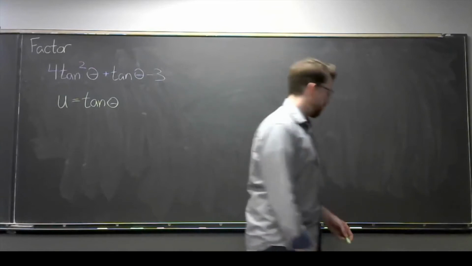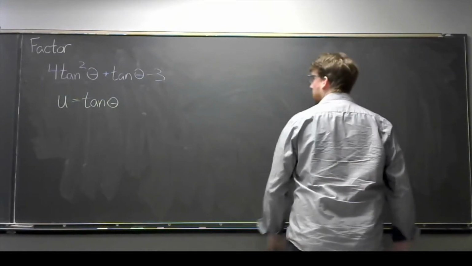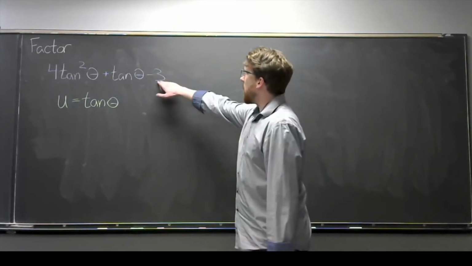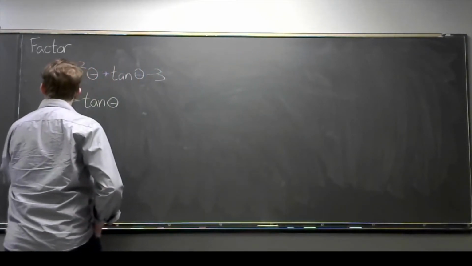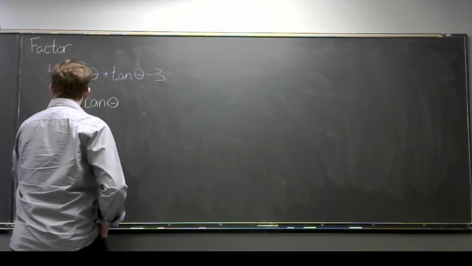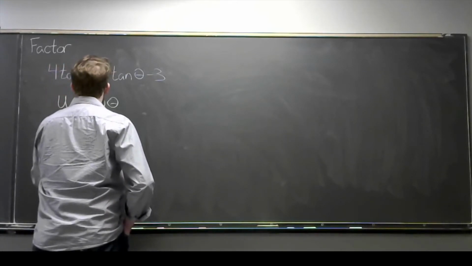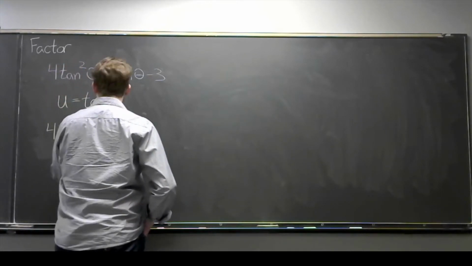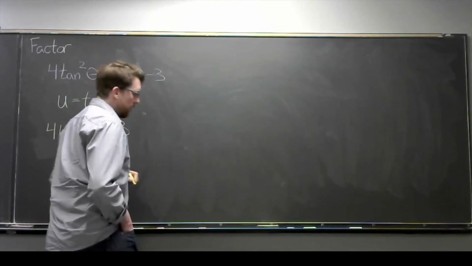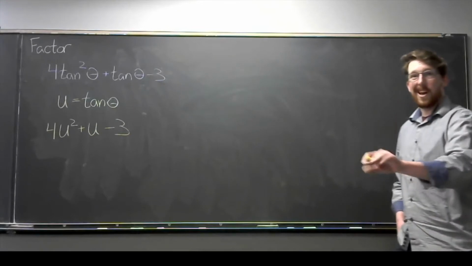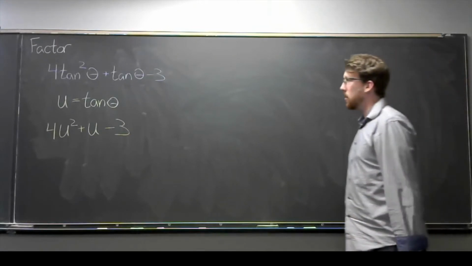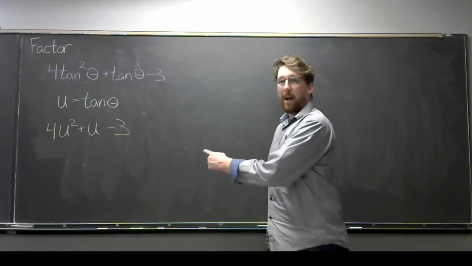Just for right now. It's going to be a placeholder. Then we could rewrite all of this as 4u squared plus u minus 3. That is a polynomial. It's definitely a polynomial, right? We know how to factor those.